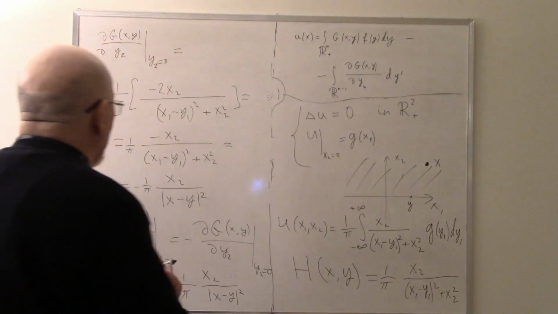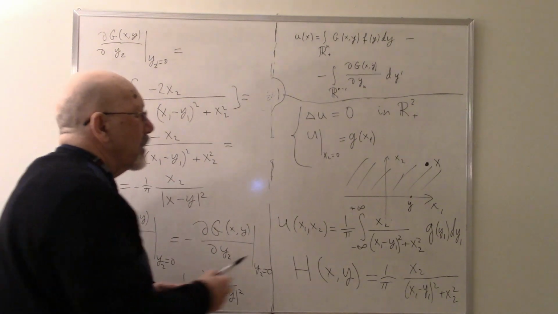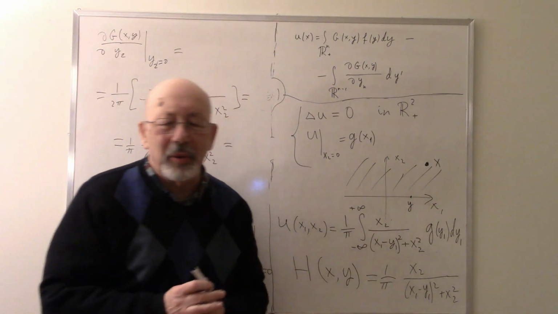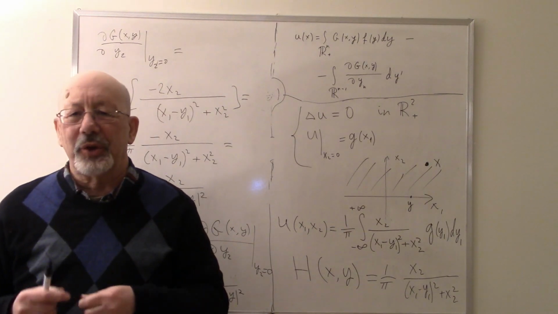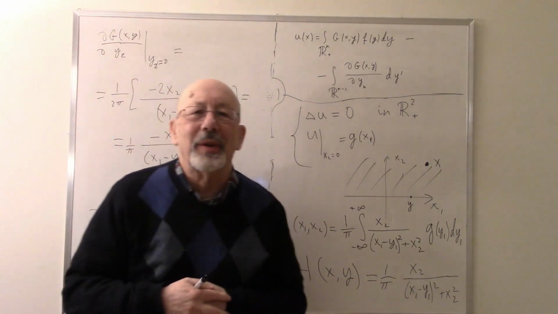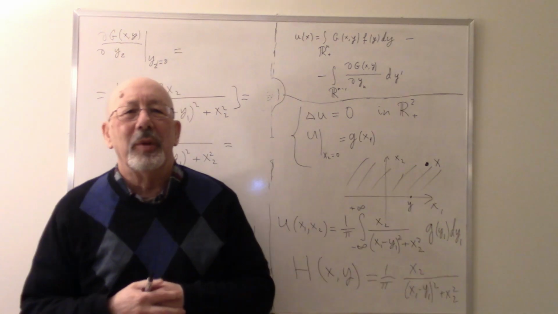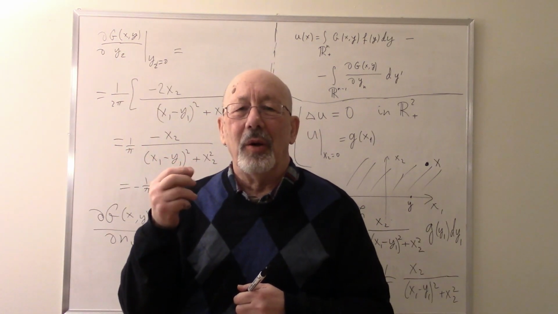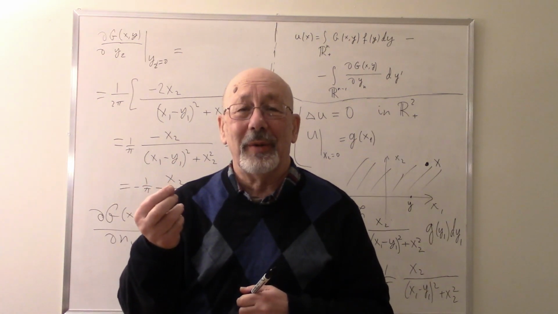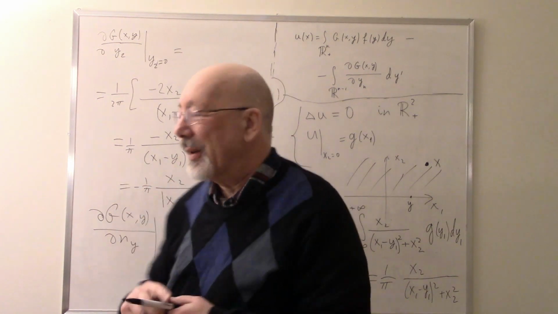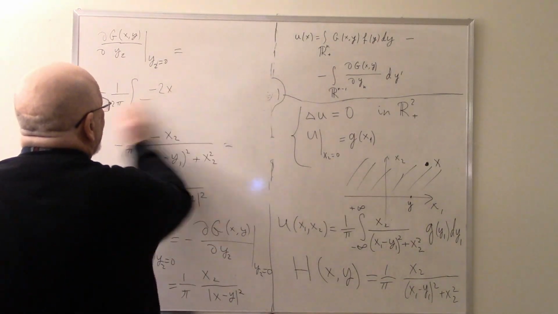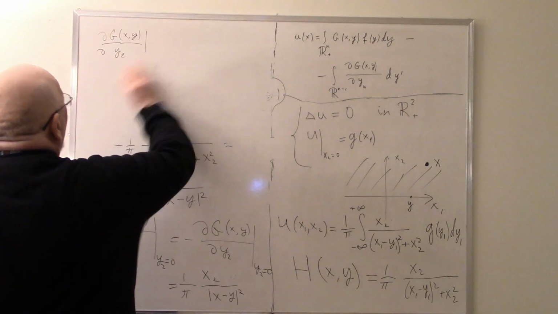And let us consider the simplest function on the boundary, the simplest function g. Do you know what is the simplest function? Which function is the simplest whatsoever? Yes? Of course it is the delta function.